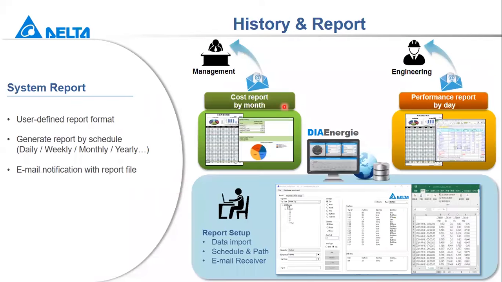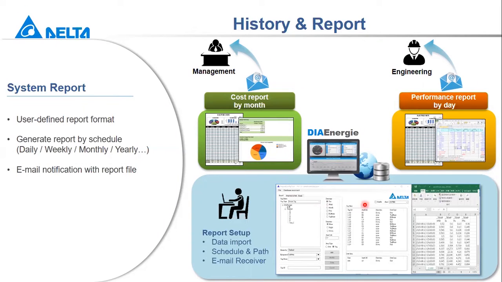And also for the system report, we have a function to quickly generate the report, like the daily report from 8 a.m. to the next day 8 a.m., or a monthly report. We have integrated the function into the system.